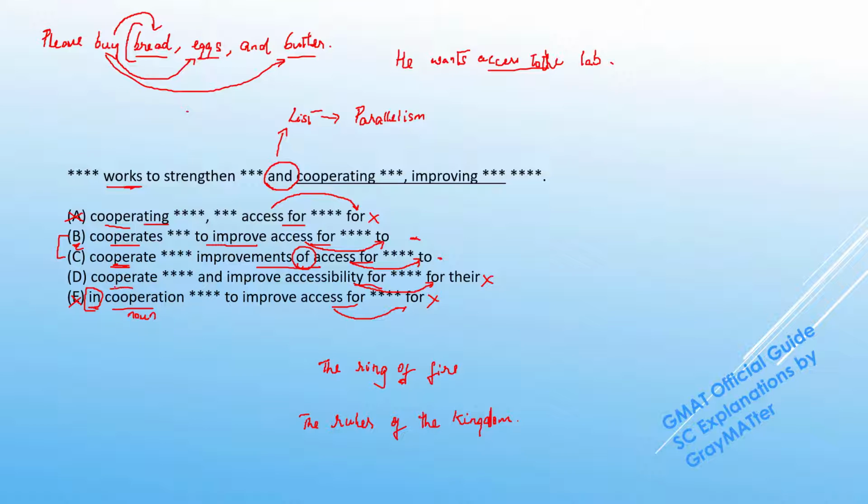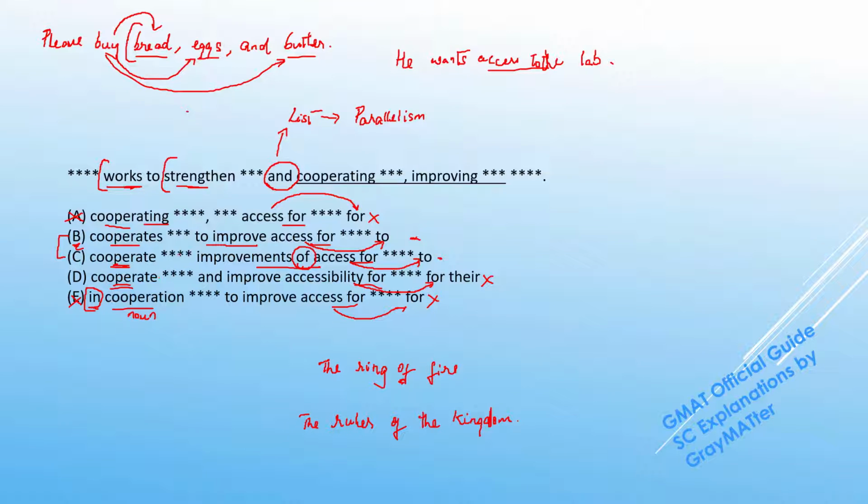Because if I say cooperate, then we need to understand that the cooperate is actually tied to strengthen. So if the verb is cooperates, then the starting point becomes this. But if the verb is cooperate, then the starting point becomes this, because then it becomes to strengthen and to cooperate. So by parallelism, B, C, D all can work. So we need to look for another point of attack here.